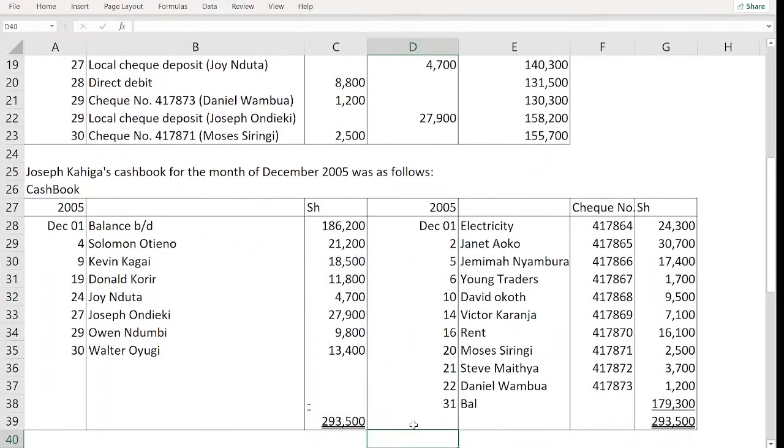So this is what he showed on his cash book. So balance brought down. We have this one on Solomon Kagai. On the credit side, we also have the electricity, the check number, and the amount.